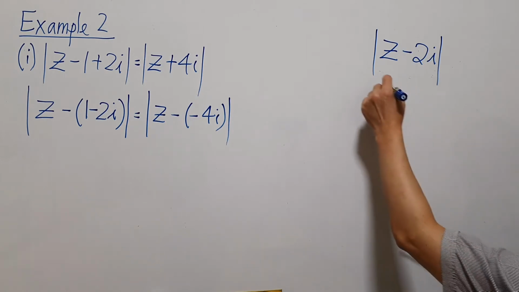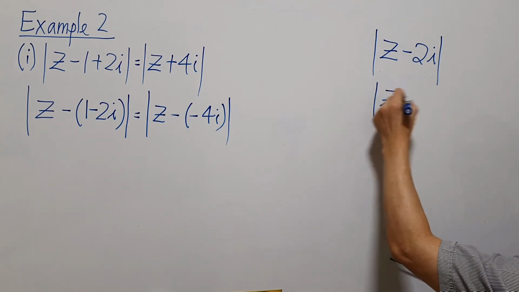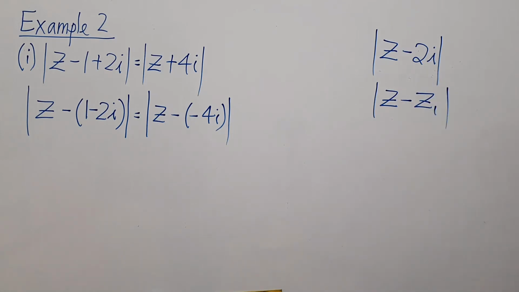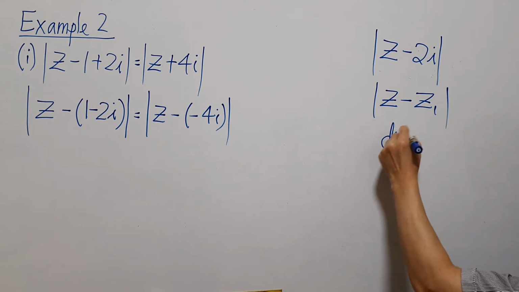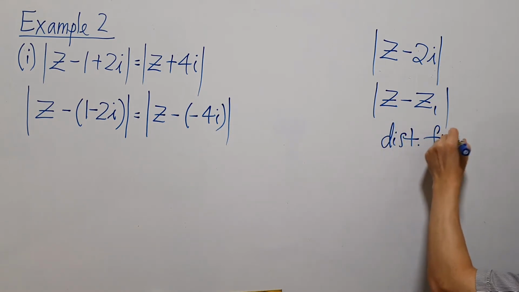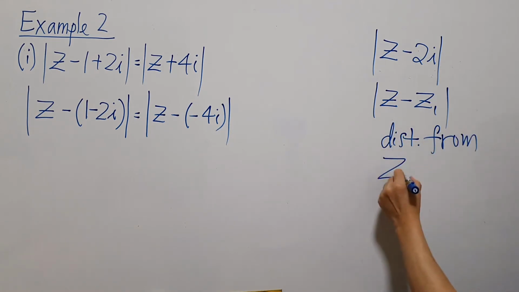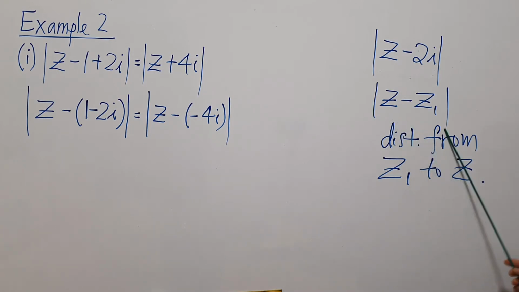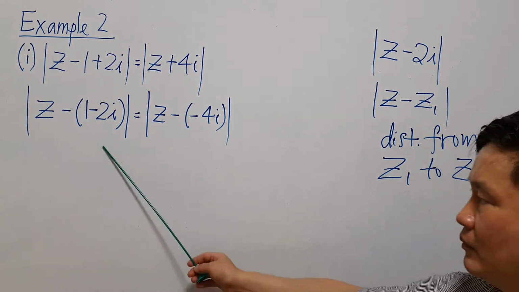So in general, if you have modulus of z minus z1, it means the distance from z1 to z. So with this understanding of a statement like this, we are now going to look into example 2 part 1.